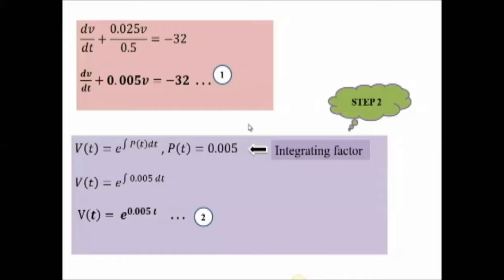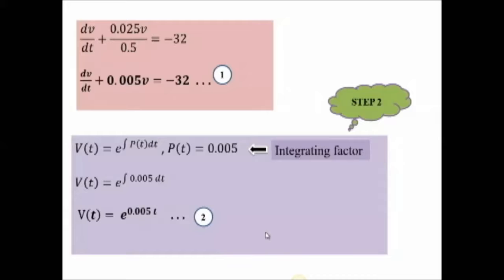Okay, for step 2, we need to find the integrating factor, for which the formula is v(t) equals exponent of the integration of p(t) dt, where p(t) is 0.05 from equation 1. So we solve it and we get v(t) equals exponent 0.05t.